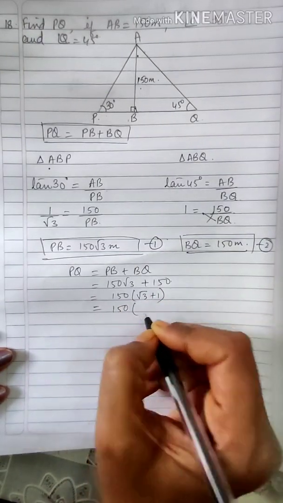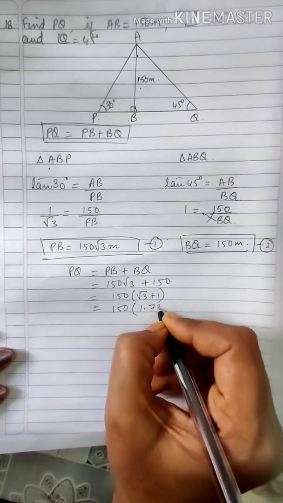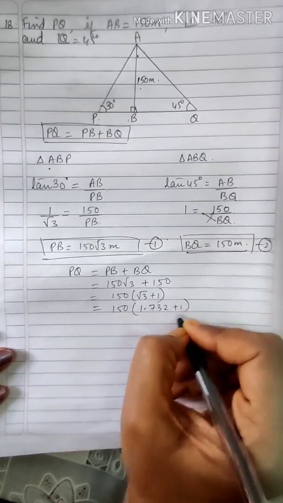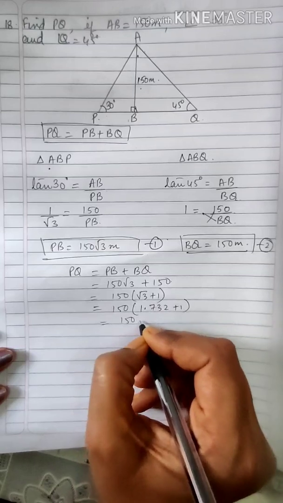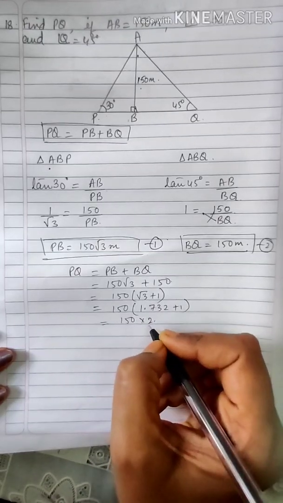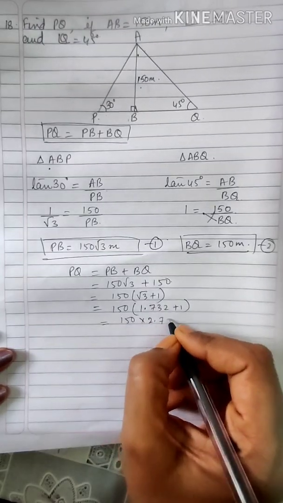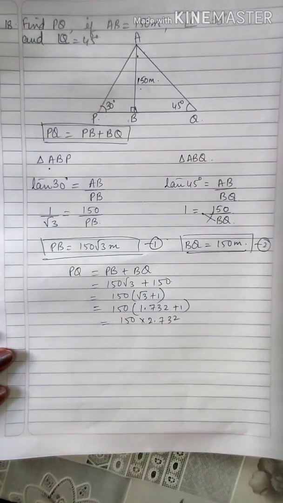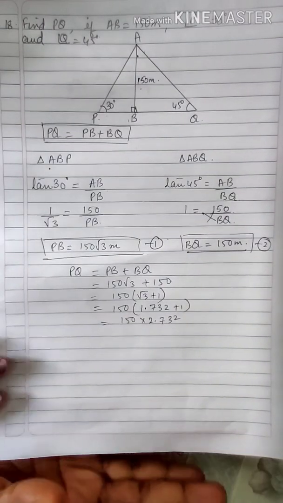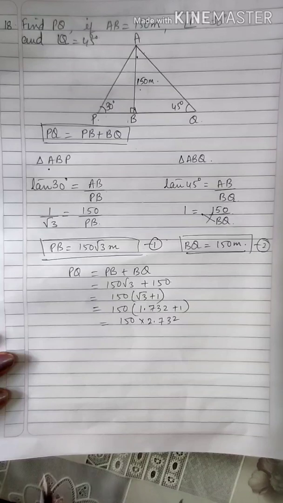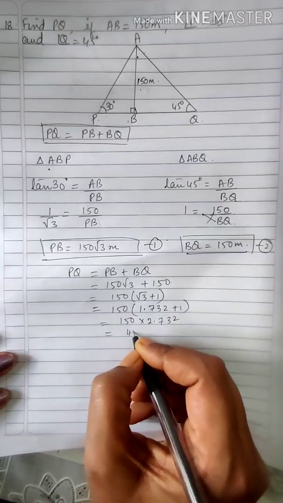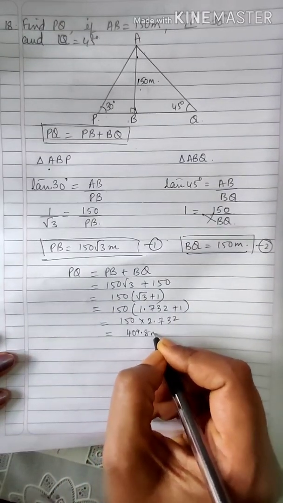Now we will substitute the value of root 3, 1.732 plus 1, which will give you 150 into 2.732, which will give you 409.8 meter.